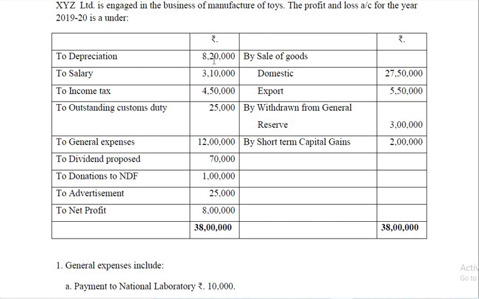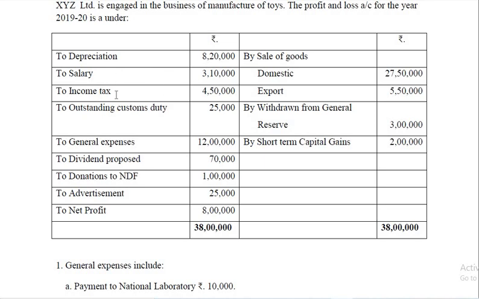Depreciation: 8,20,000. You have to add to net profit while computing book profit. Then deduct what is allowed under the Indian Income Tax Act. But while computing book profit, add 8,20,000 and again deduct 8,20,000. Only if the depreciation includes depreciation on revaluation of assets, that should be excluded while deducting. Otherwise, the same thing should be added and deducted.